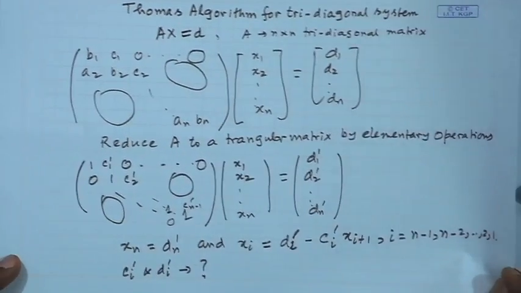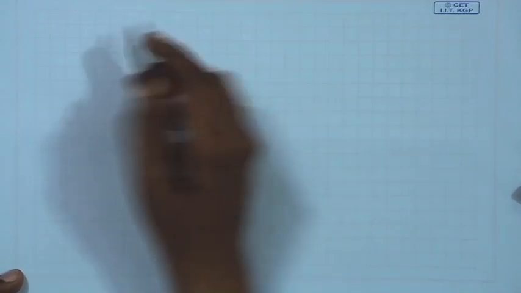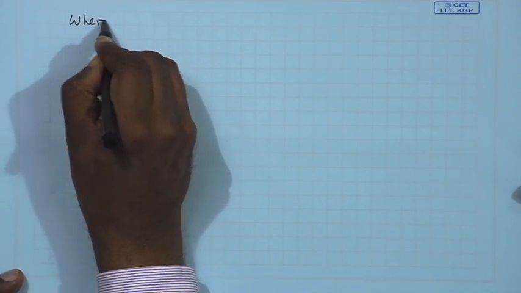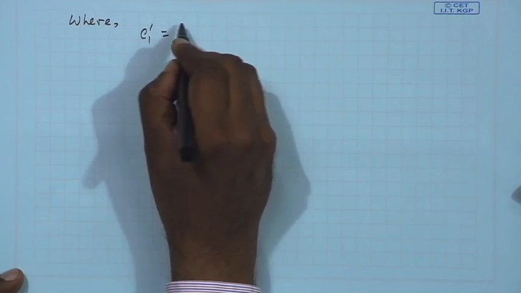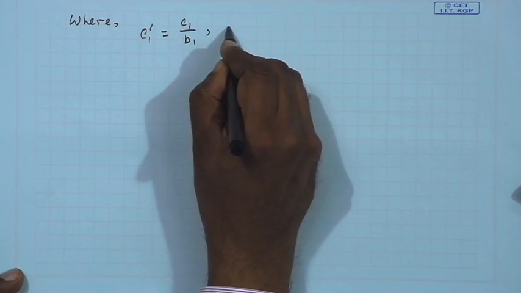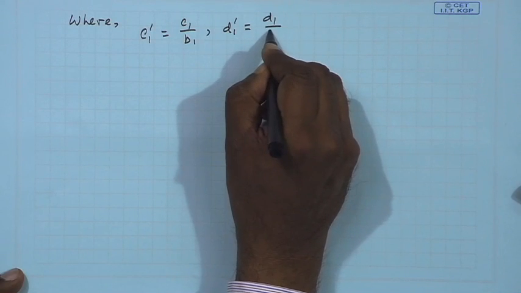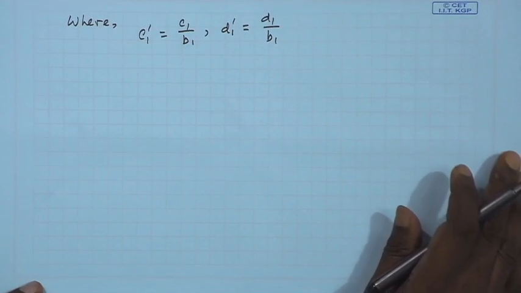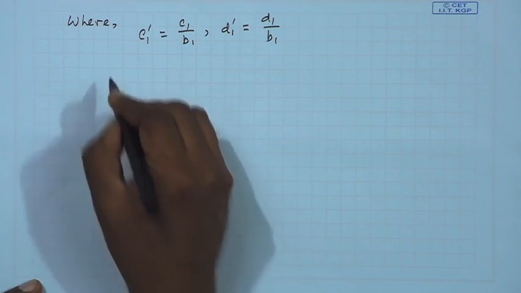So at this stage we get the solutions. One can derive the Thomas algorithm step by step, where C1 dash equal to C1 by B1 and D1 dash equal to D1 by B1. In the first row we were having B1, C1, so we just divided by B1.